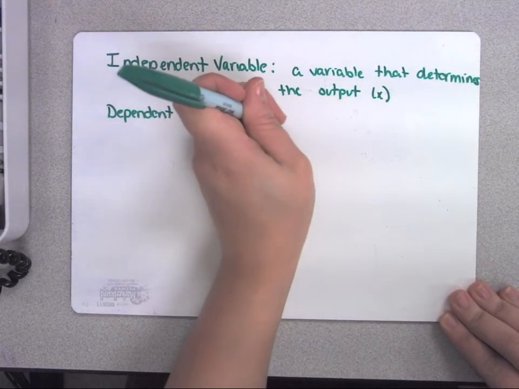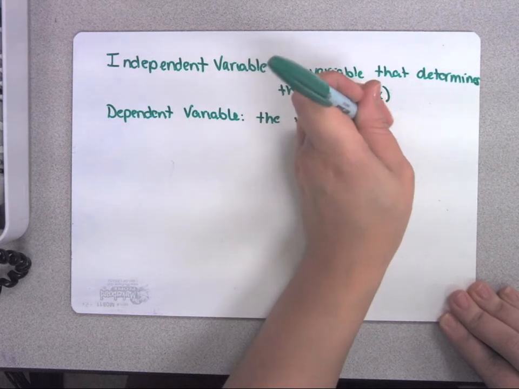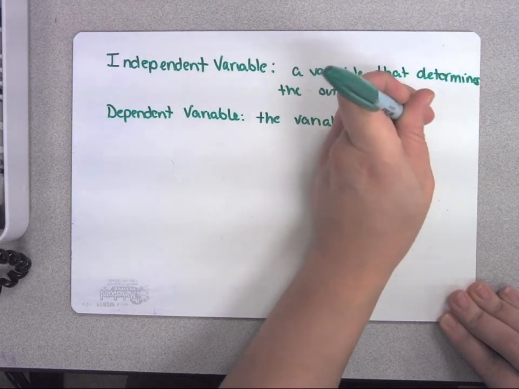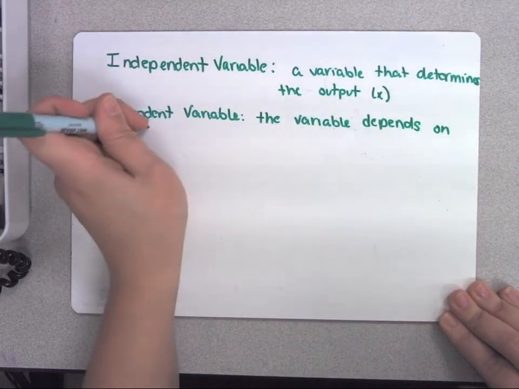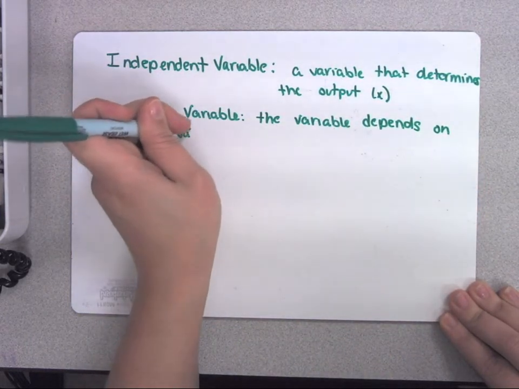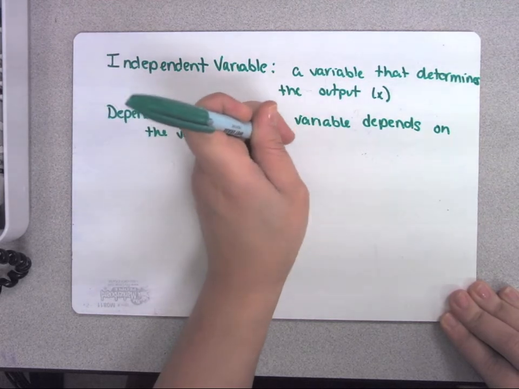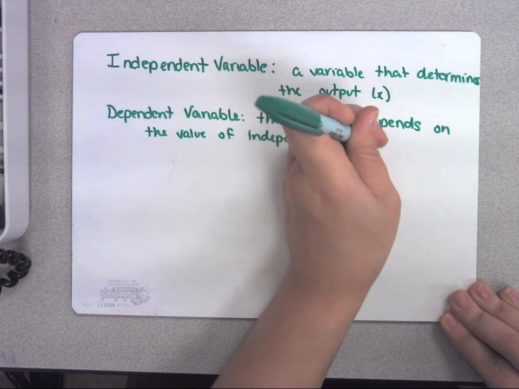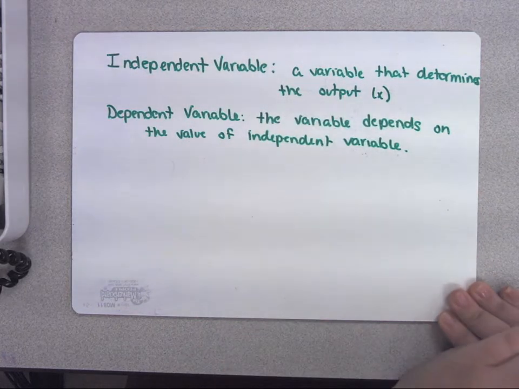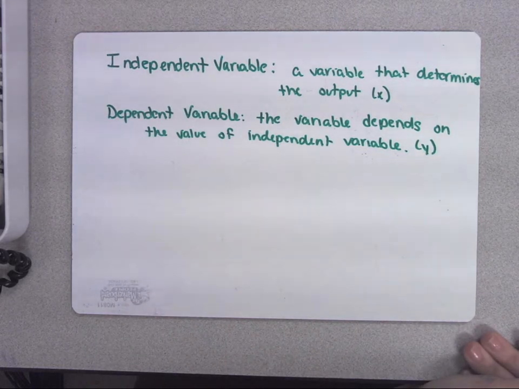The variable depends, it's got the word right in the definition, on the value of the independent variable. And this would be our y, right, if we had an equation.